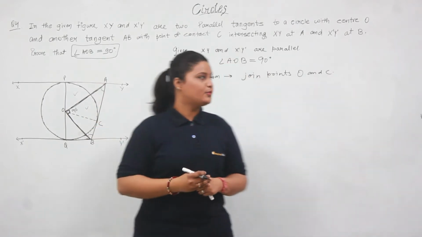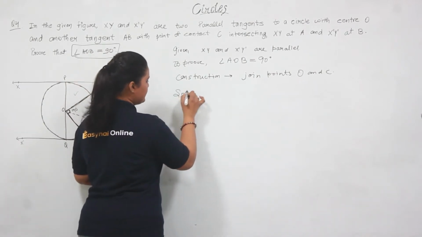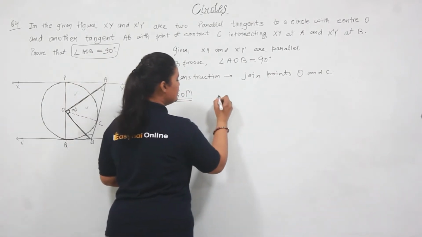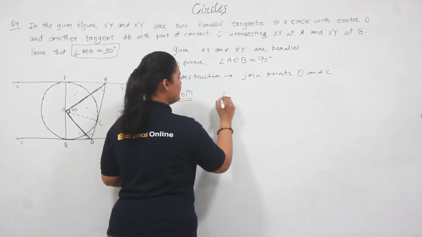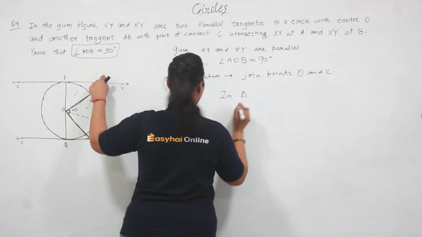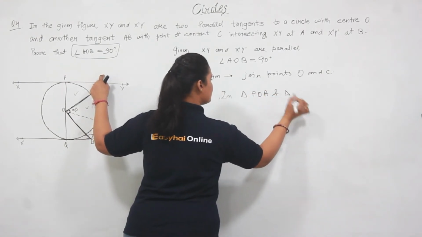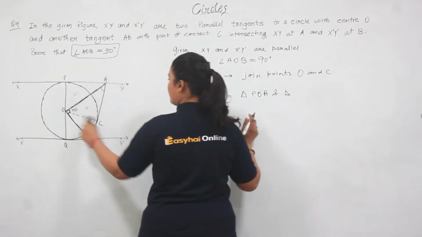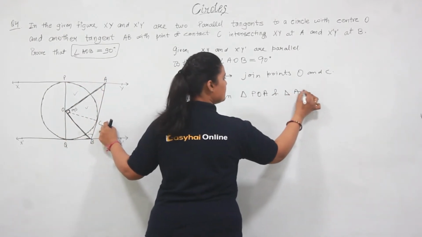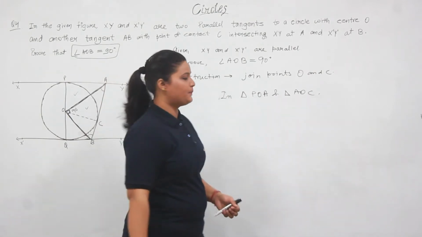Clear? I will prove the congruency in the triangles. Let's start the solution. Okay, I will take triangle POA and triangle AOC. Correct? I'll take these two triangles.